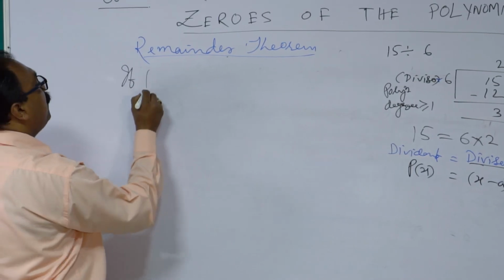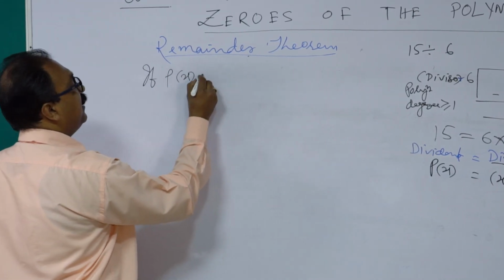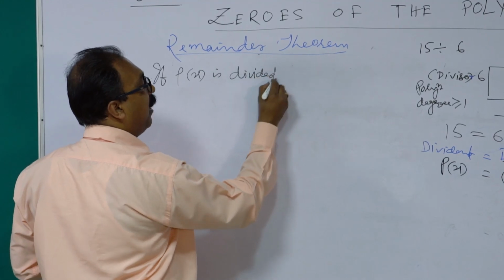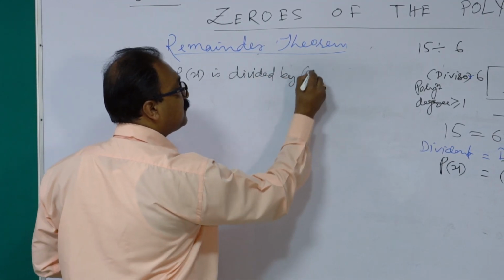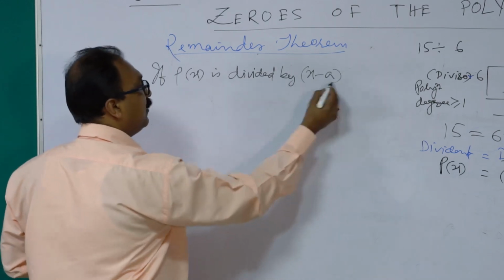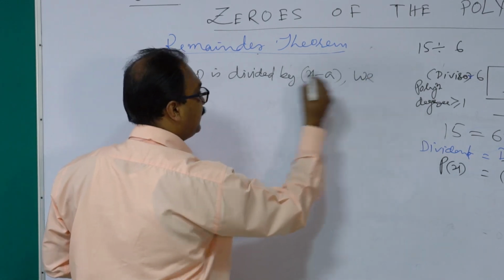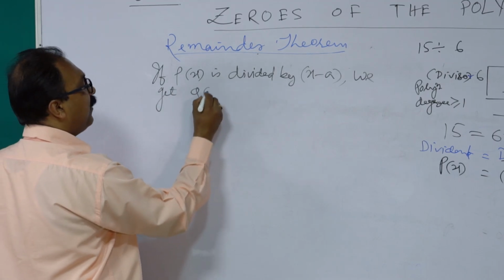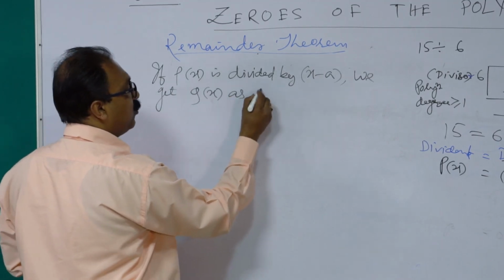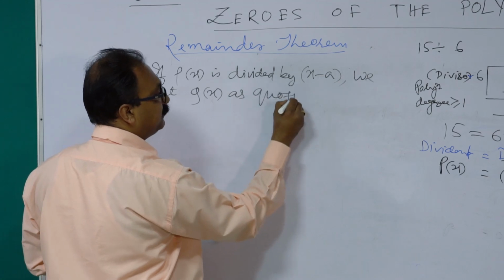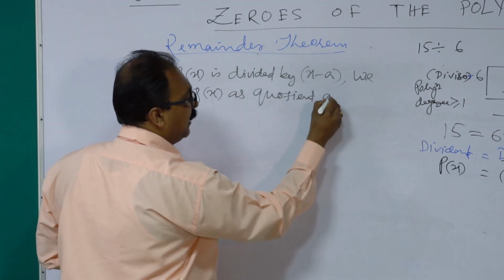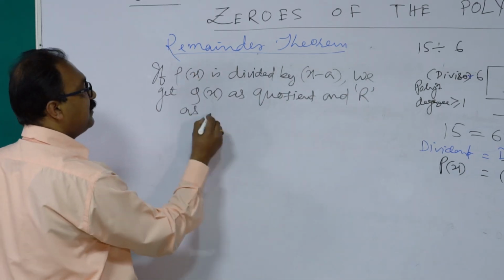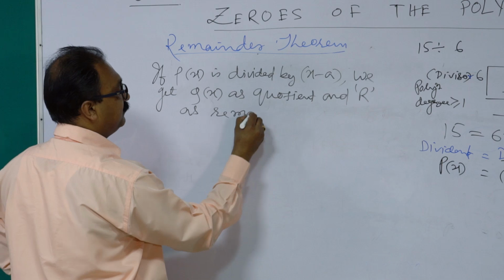If p of x is divided by x minus a, we get q of x as quotient and r as remainder.